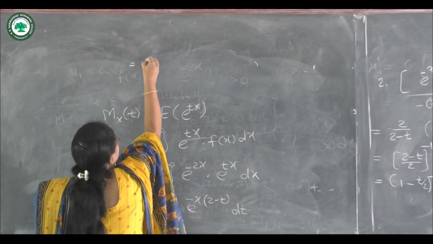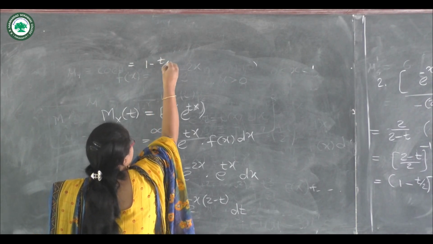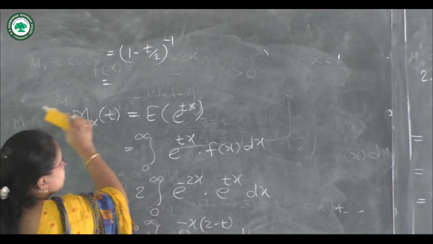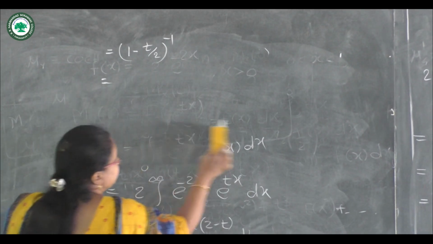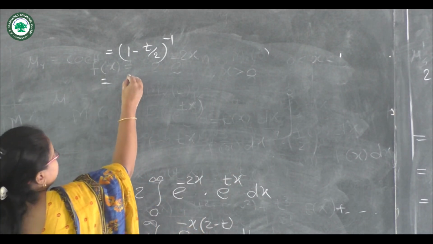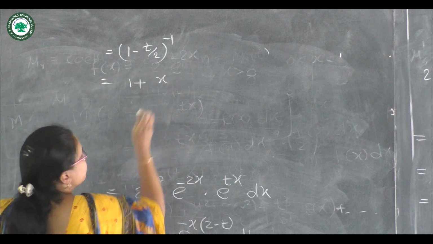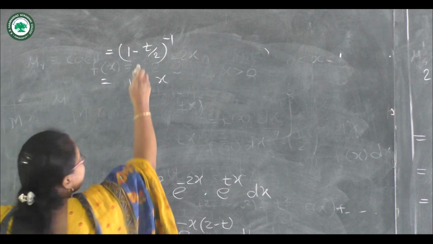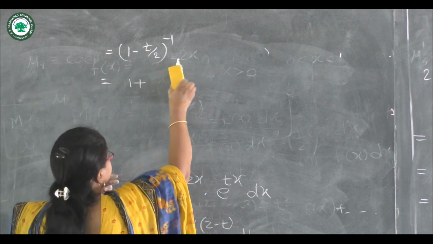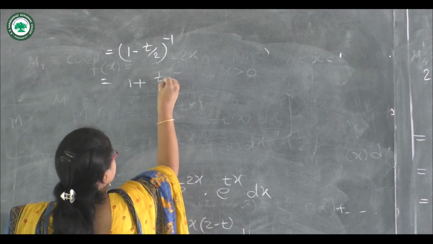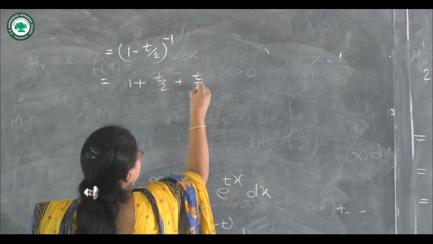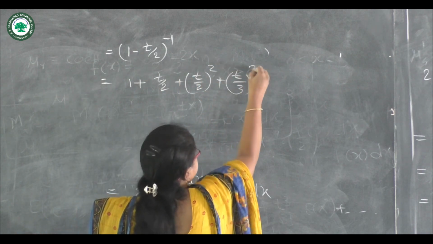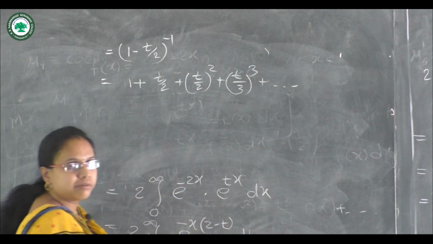So it is 1 minus t upon 2 raised to minus 1, and it can be written as 1 plus t upon 2 plus t upon 2 squared plus t upon 2 cubed plus so on.